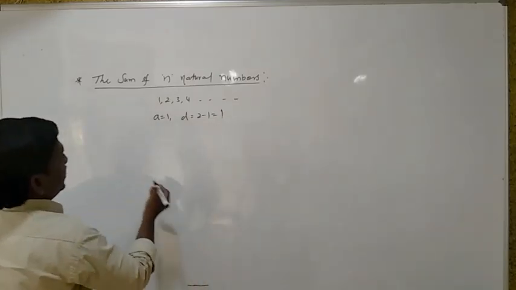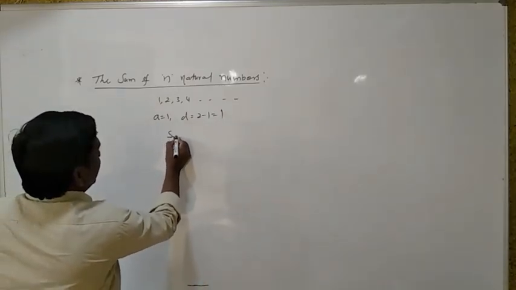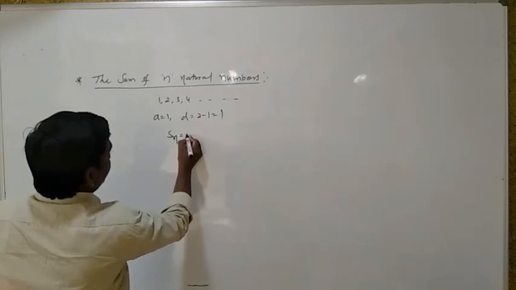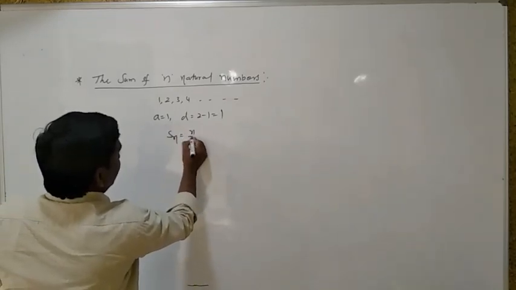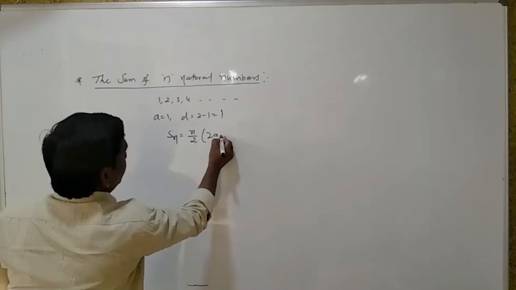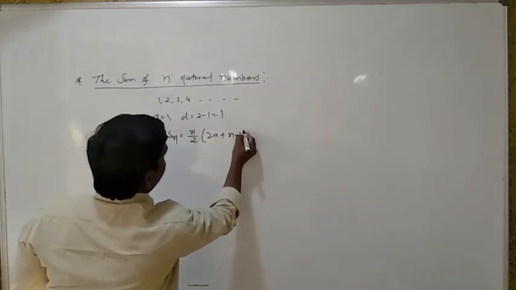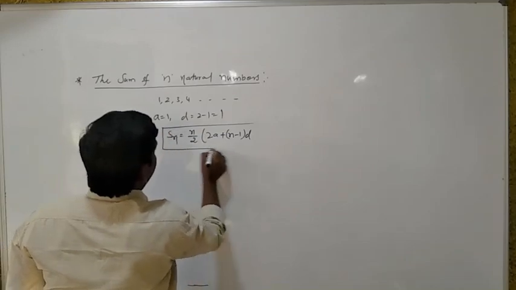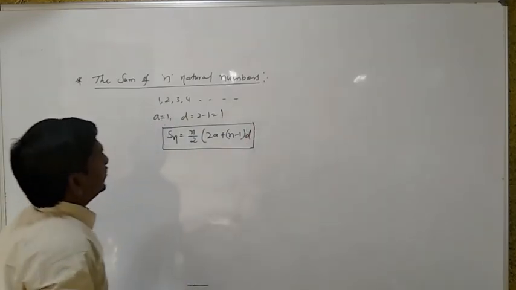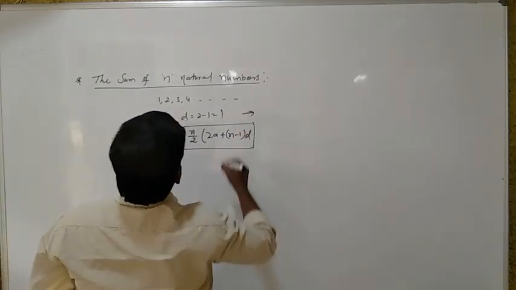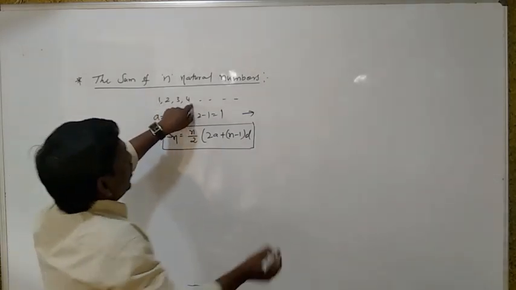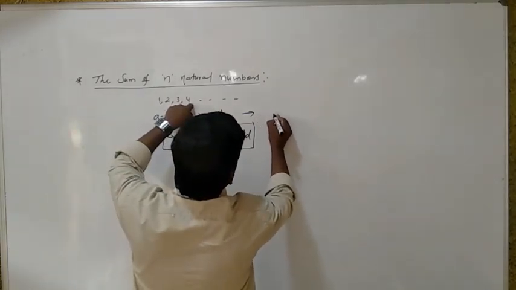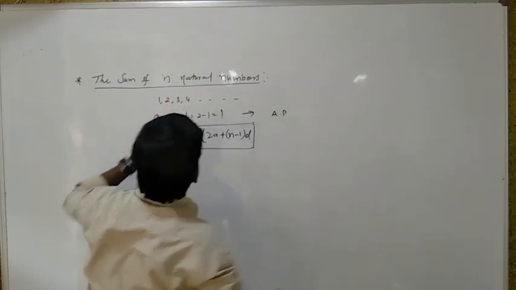The sum of n natural numbers is n by 2 into 2a plus n minus 1 into d. This is the sum of the terms in AP. Why? Because the natural numbers are in AP.